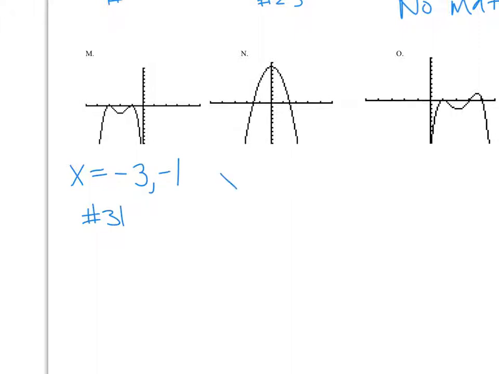N has x-intercepts at ±3/2, and that is the one in number 24. O has x-intercepts at 1, 3, and 4. Goes down on both sides. It's going to be an even degree, and that is number 29.